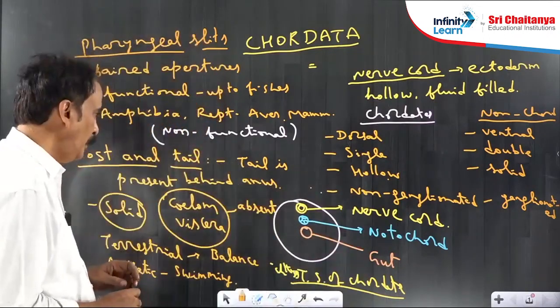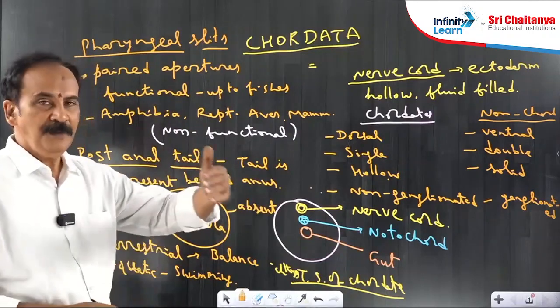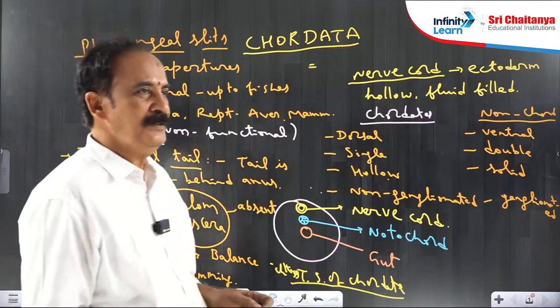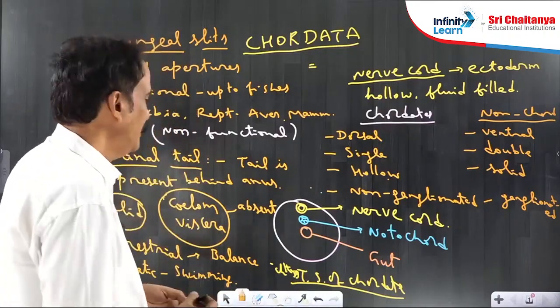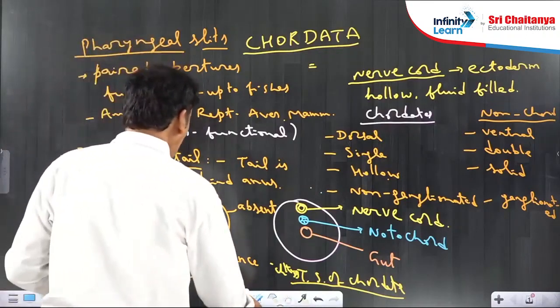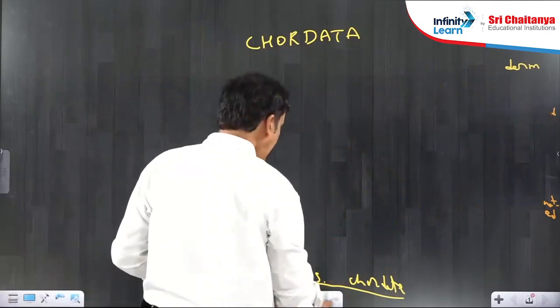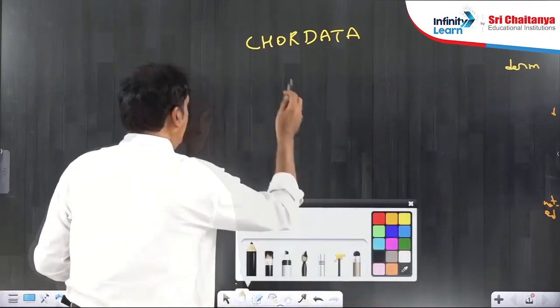Okay, and this phylum is divided into the 3 subphyla called Urochordata, Cephalochordata and Vertebrata. Okay, the group called Protochordates will include Urochordates and Cephalochordates. This is the phylum.